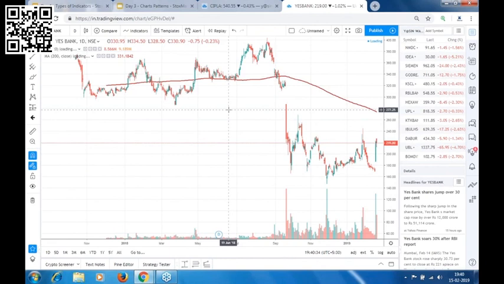And every time we see a pullback, the stock takes a support from the 50 moving average, and we can see a bounce in the stock.